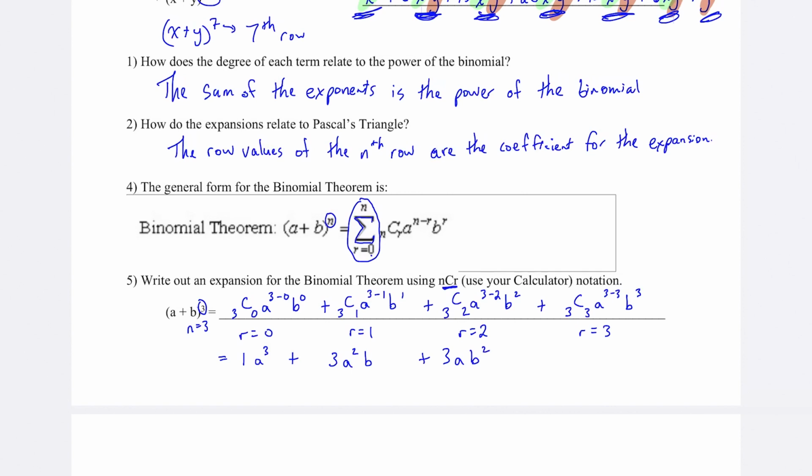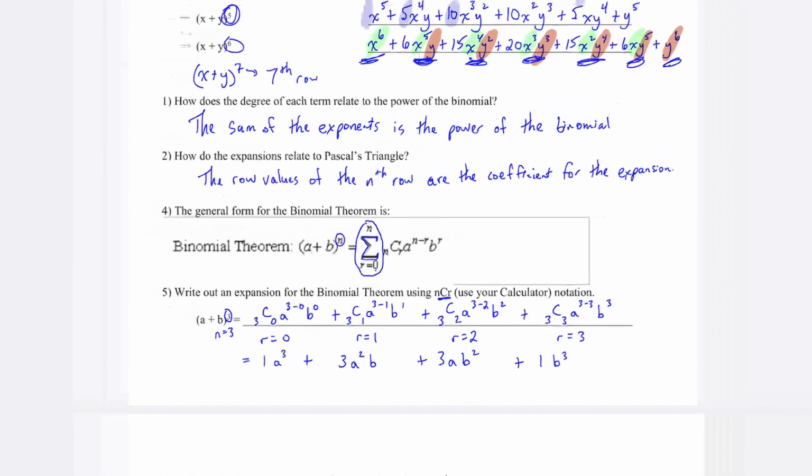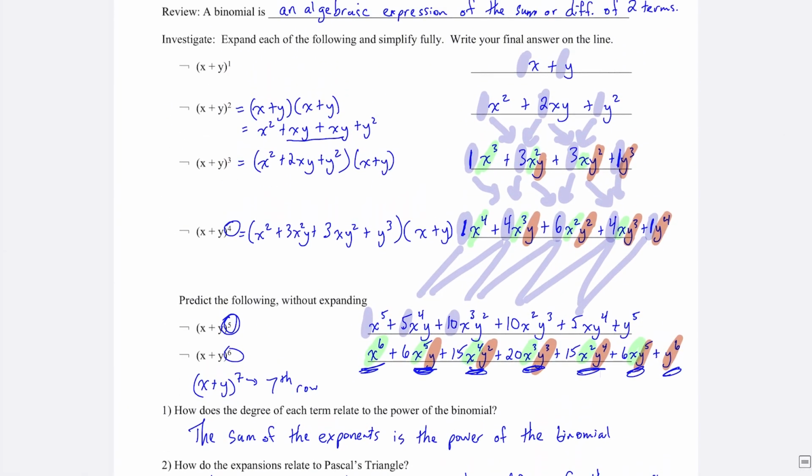And b to the power of 2. Plus 3 choose 3, which is 1. A to the power of 3 minus 3, well, that's a to the power of 0, which is just 1. And then b to the power of 3. And you'll notice that this is the same as this line right here, which is x plus y to the power of 3.